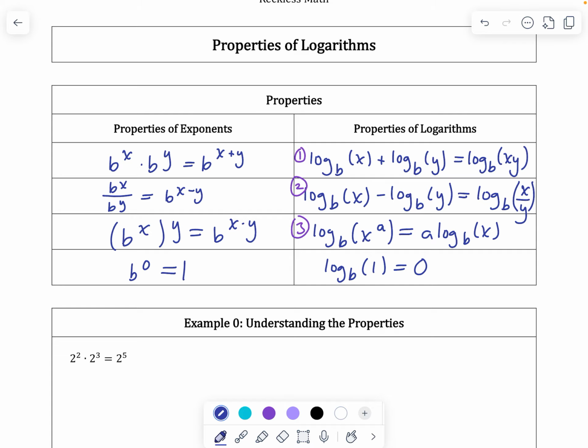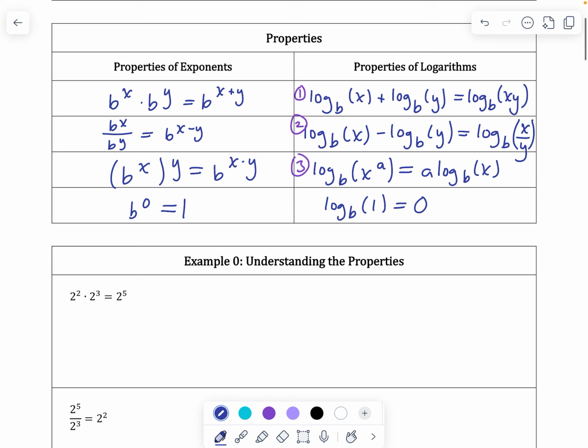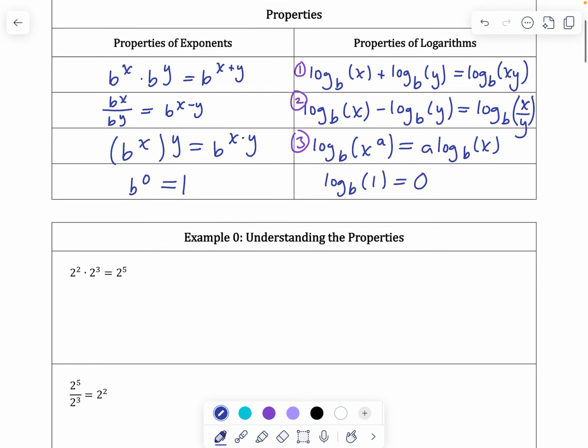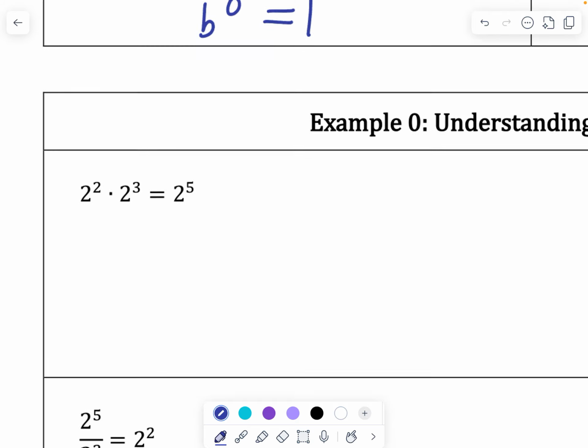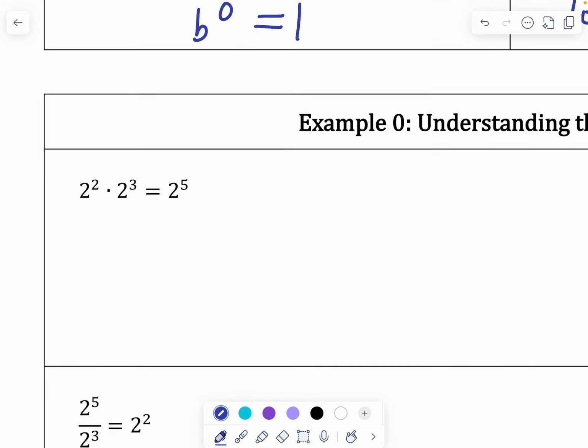So good. I'm going to spend some more time on the properties. If you want to get straight to the work, the lesson, you can skip to example 1, but here I'm calling this example 0, understanding the properties, and I want to connect the properties to exponents. So here, right, 2 squared times 2 cubed equals 2 to the 5th.